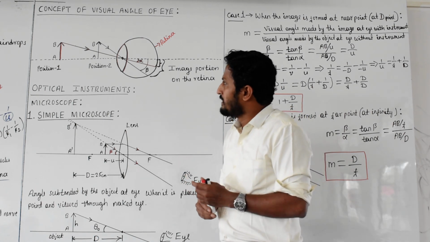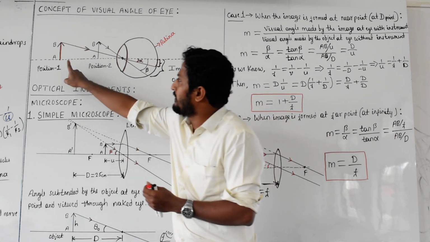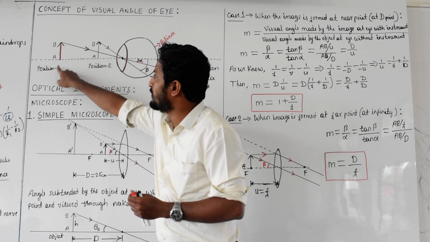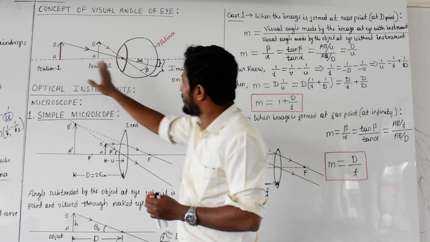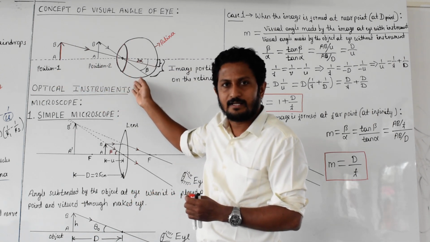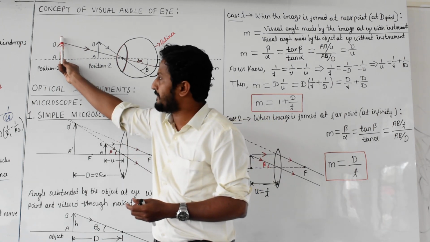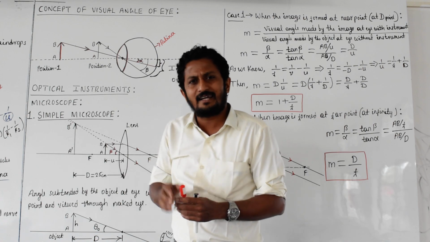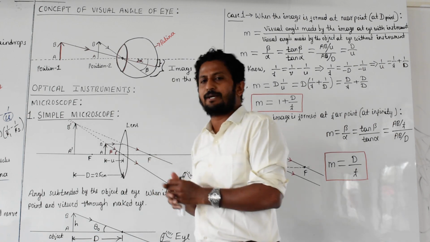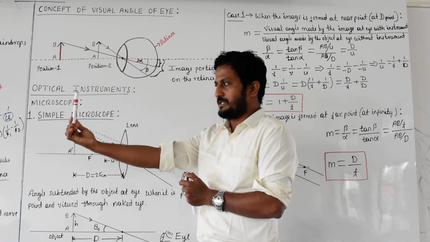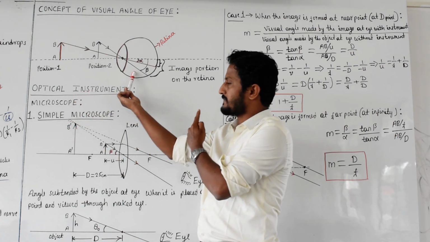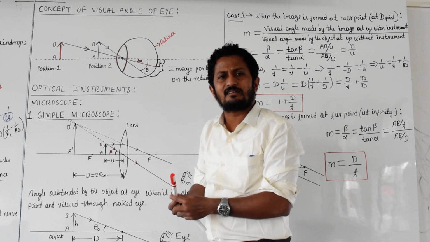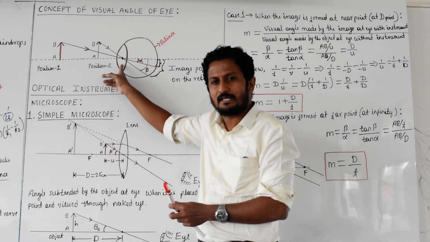Look here. Here the object AB is placed at position 1. Right now, with respect to your eye, the object is here. When you look at that object, many light rays come from it and pass through our eye lens.